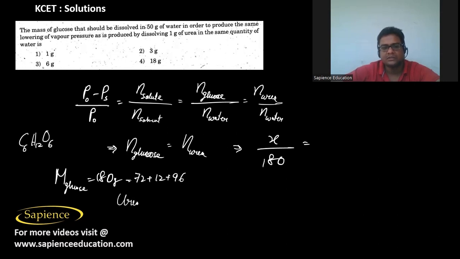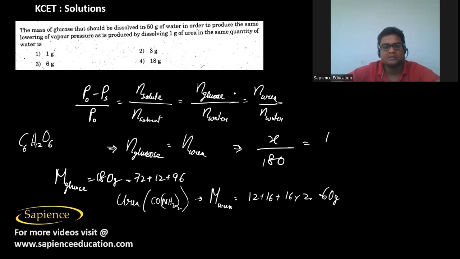Now urea is CONH2 whole 2. So therefore the molar mass of urea will be equal to 12 plus 16 plus 14 plus 2, 16 into 2. So 16 3s are 48, 48 plus 12, that is 60 gram.